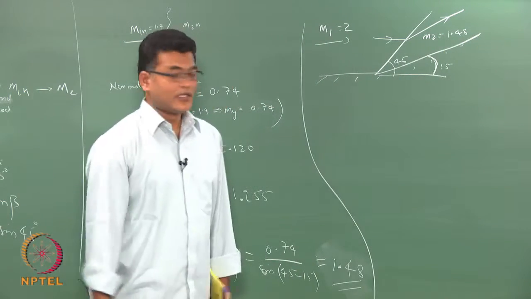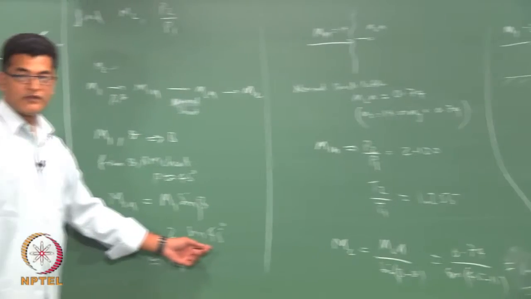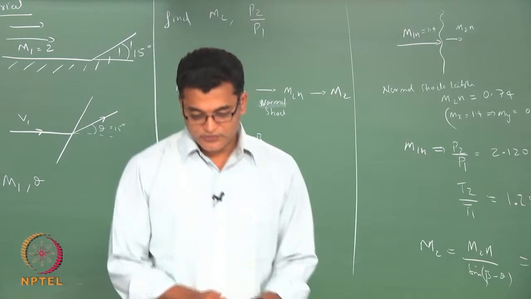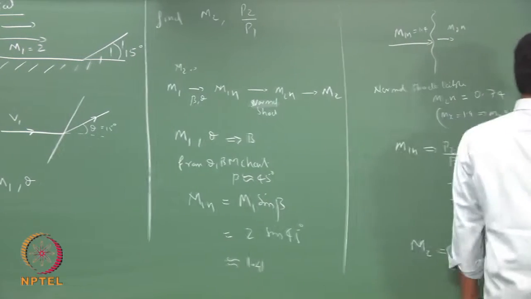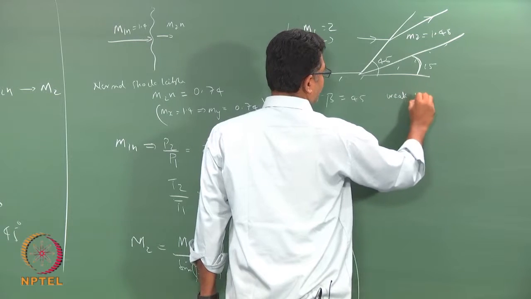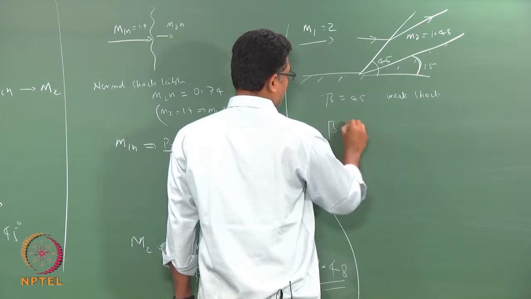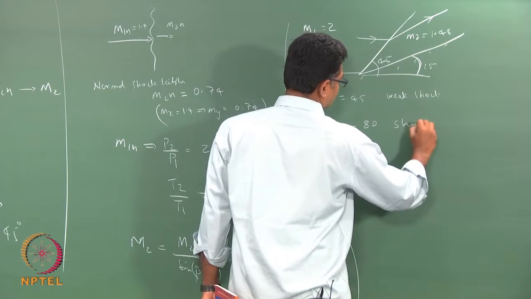Okay. There is also another solution possible, because here we have taken beta to be 45. You can look at the chart, there is also another beta available, which is the so-called strong solution. So, for theta 15, it is going to give you around 80 degrees. This is a weak shock, and beta approximately 80 degrees is the strong shock.